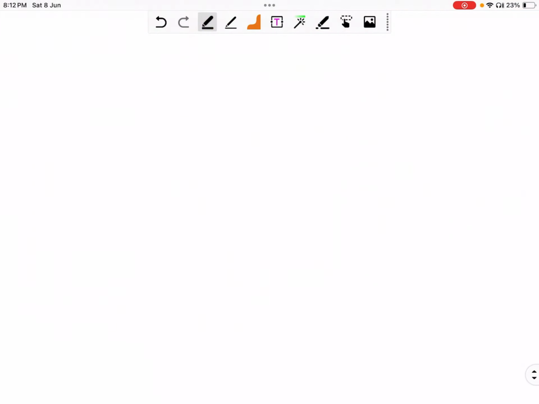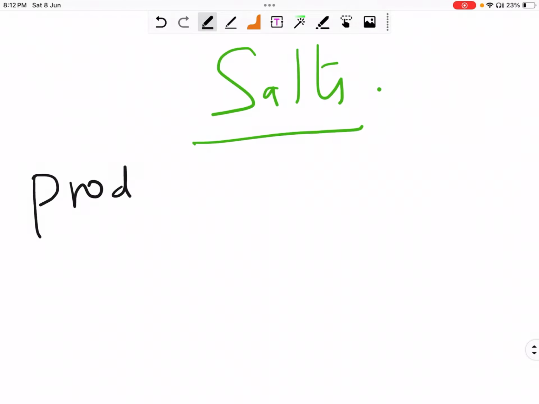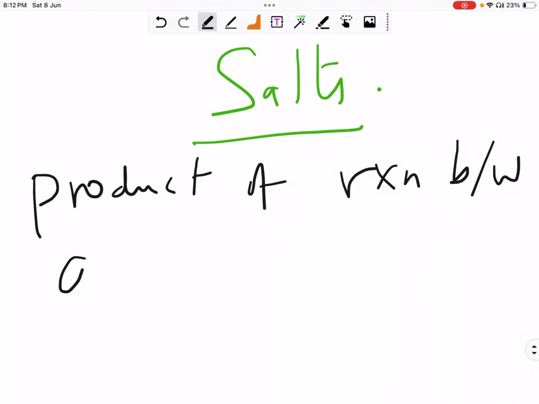So now acids and bases are over. Next one is salts. What is a salt? Salt is the product of reaction between an acid and a base.